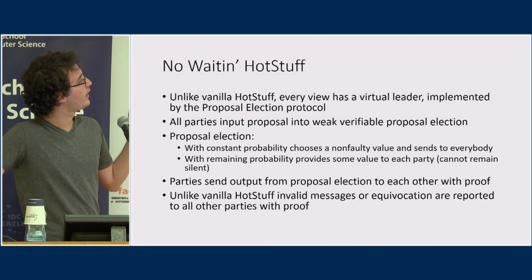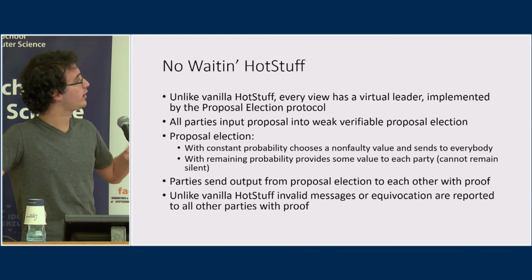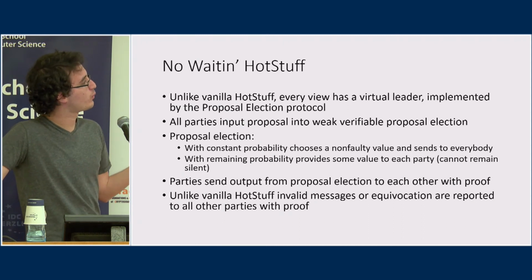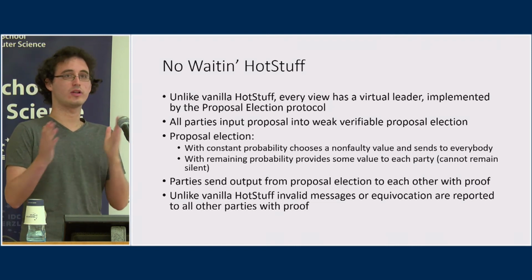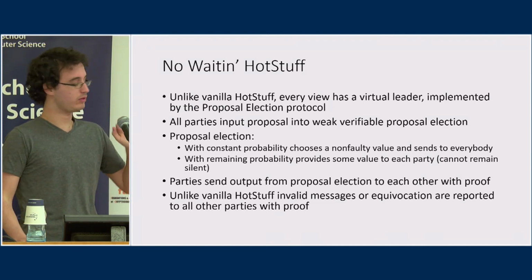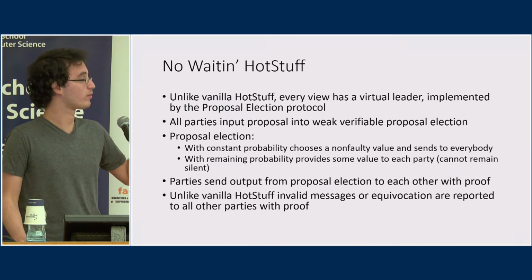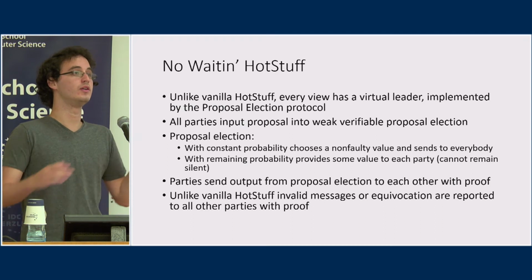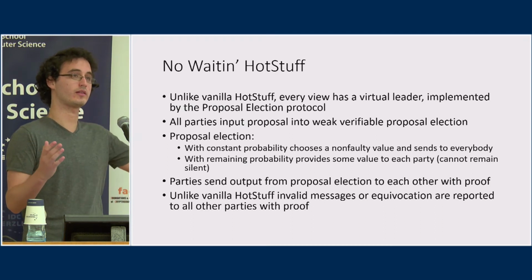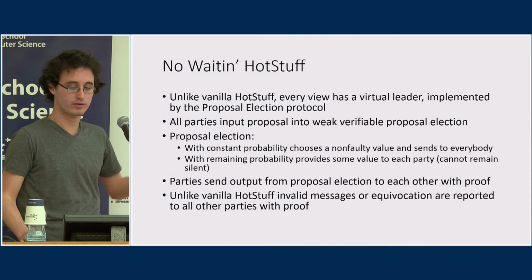In the first round, each party inputs a proposal into a weak verifiable proposal election. And then, as we said before, the proposal election does one of two things. It either sends a single value provided by a non-faulty party to all of the parties, and we know that happens with a constant probability, in our case, a third.